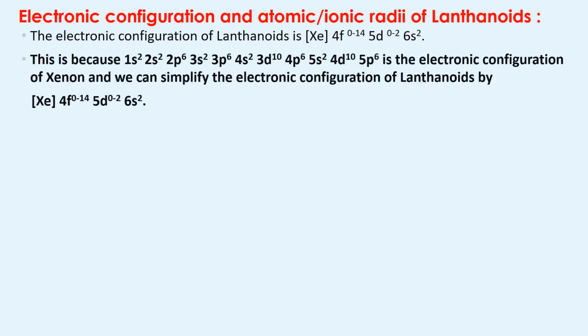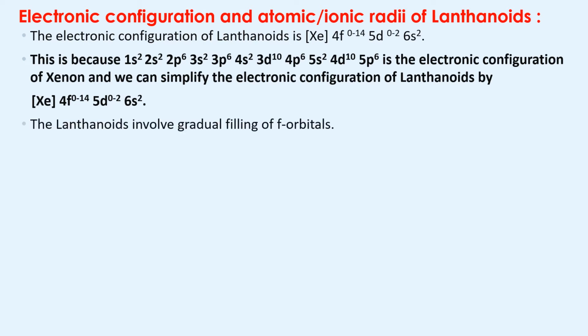Now we see the configuration for xenon also: 1s2, 2s2, 2p6, 3s2, 3p6, 4s2, 3d10, 4p6, 5s2, 4d10, 5p6 is the electronic configuration of xenon. So instead of that configuration, we just write xenon, and it can be simplified as xenon 4f 0 to 14, 5d 0 to 2, 6s2.